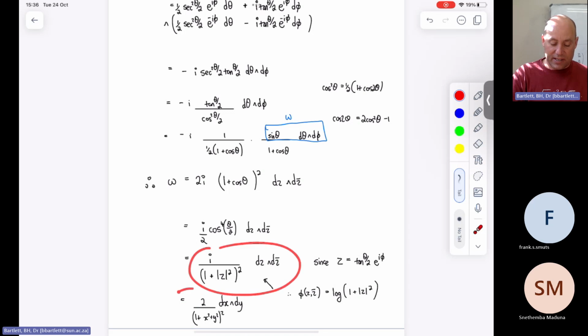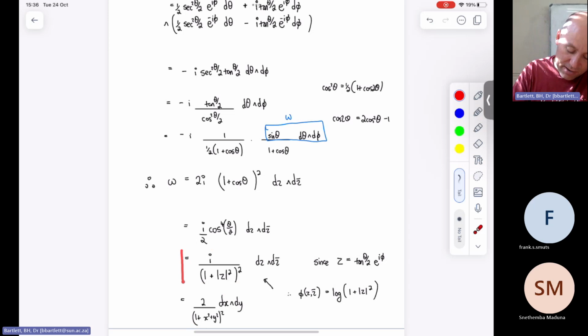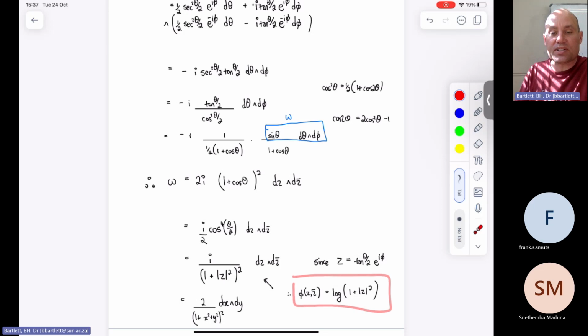So this can be written like this. But for now, let's just look at this formula here. Remember that I promised that the omega could be written as i del del bar of some smooth function phi. What would that smooth function be? Well, we can see that it has to be this function here.